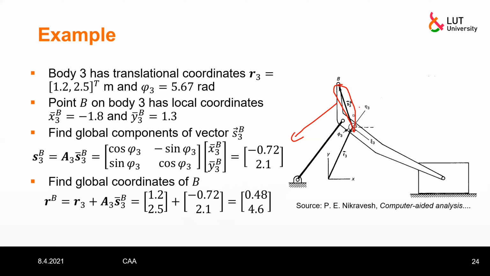S3 with respect to global coordinates was already computed, like here. We just must add those two, and we get those numbers. Any questions for that, or is it clear? I'm clear. Okay, great to hear it.